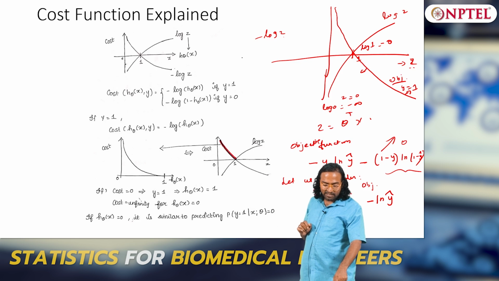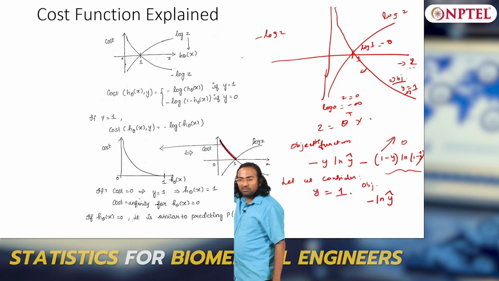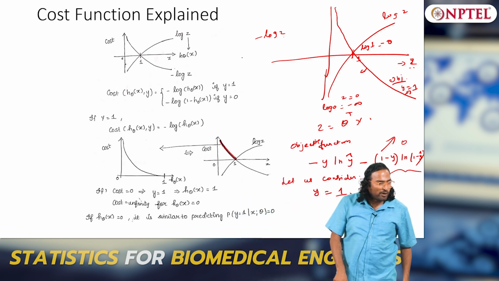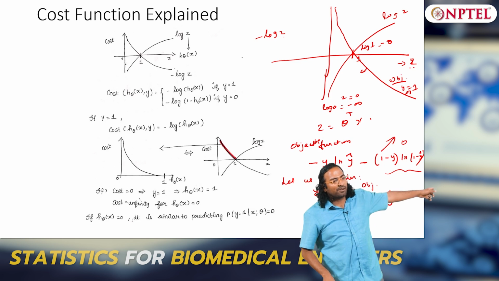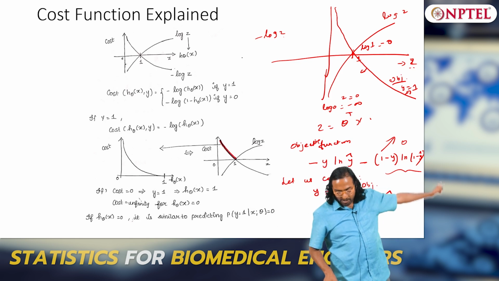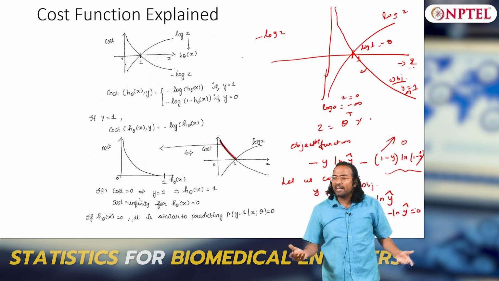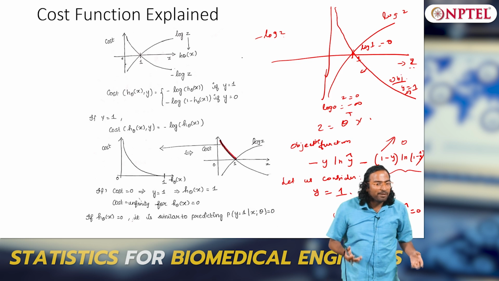When y hat equals 1, minus ln y hat is minus ln 1, which is 0. The truth is y equals 1, so the cost is 0; you have minimized the cost.